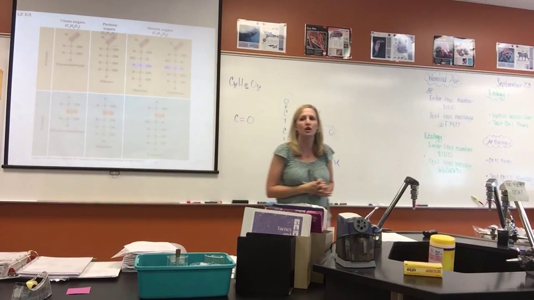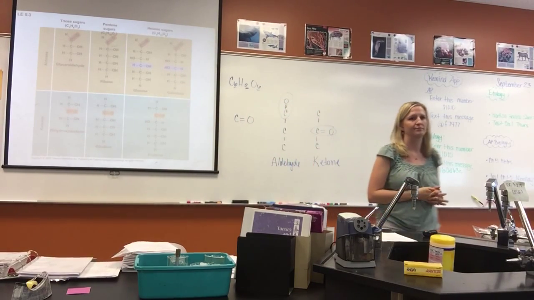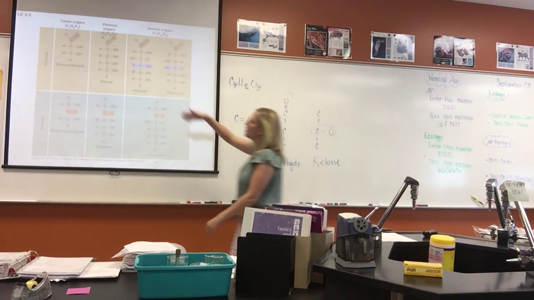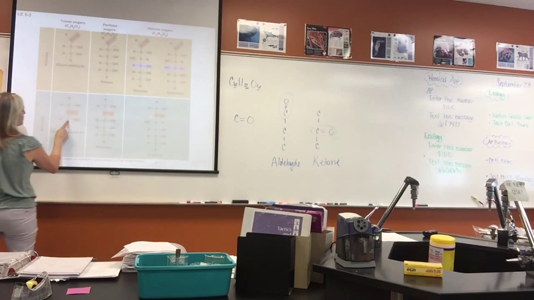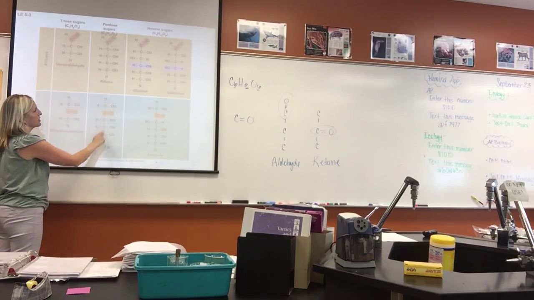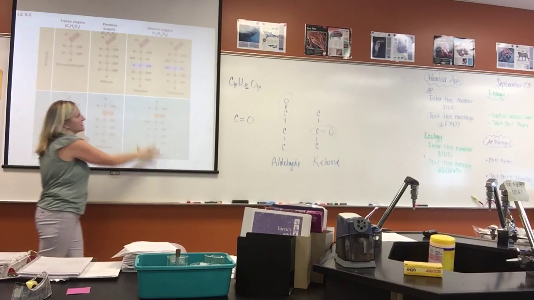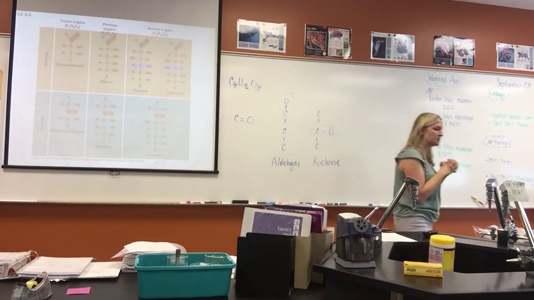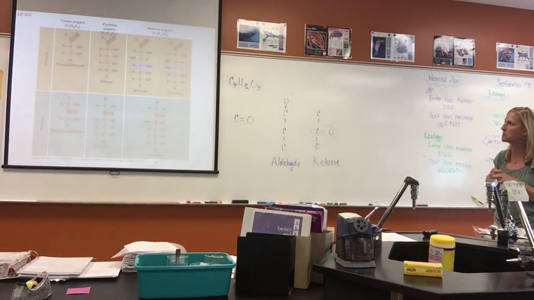What do you think that's referring to? The number of carbons. So notice this column here, there's three carbons here, three carbons here. This column here, each one of these has 5, and this column here has 6. So they can be classified in terms of the size or the length of their carbon chains.